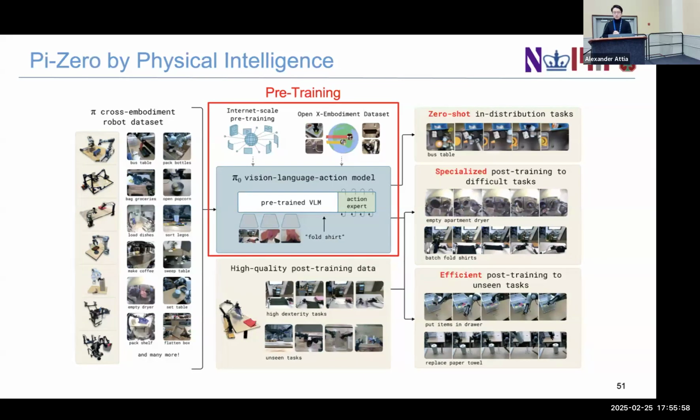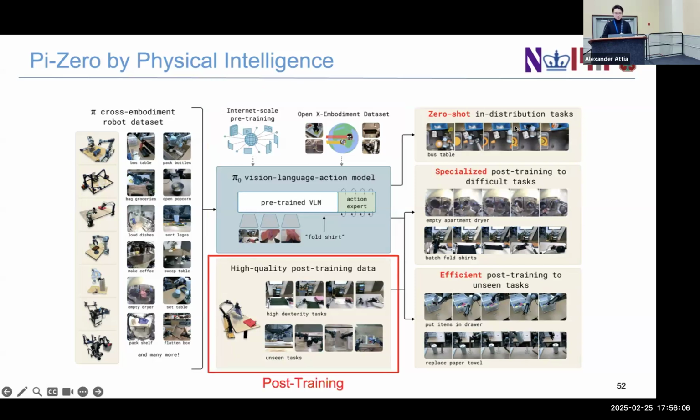And given this model, they can already achieve some reasonable zero-shot performance on in-distribution tasks shown on the top right. And obviously, they can also start to do post-training, as has also been a practice I mentioned earlier, drawing from the natural language processing domain, those language-related foundation models. And by using this post-training, they can achieve more complicated tasks.